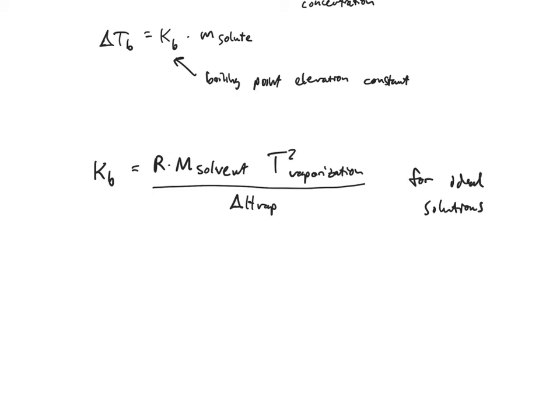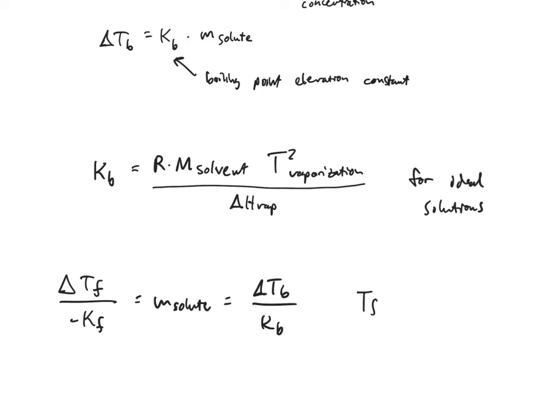The last thing I want to say is that you can relate these two temperature changes to each other. So if we have a change in the freezing point, and then we have that freezing point depression constant, this is going to equal the molality of that solute, which just so happens to equal that change in the boiling point divided by that boiling point elevation constant.